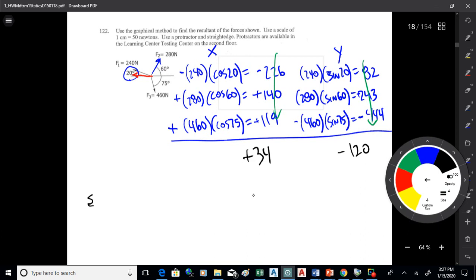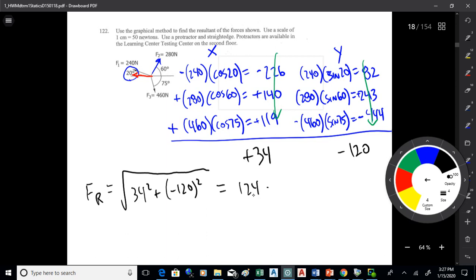So, if I want the resultant force, what I'll do is take the 34 and square it, and take the negative 120 and square that. What I'll get out of that is 124 newtons. And then to get that angle, I'll do the inverse tangent, arctan of y over x. So that's negative 120 over 34, and that comes out to be negative 74.3.